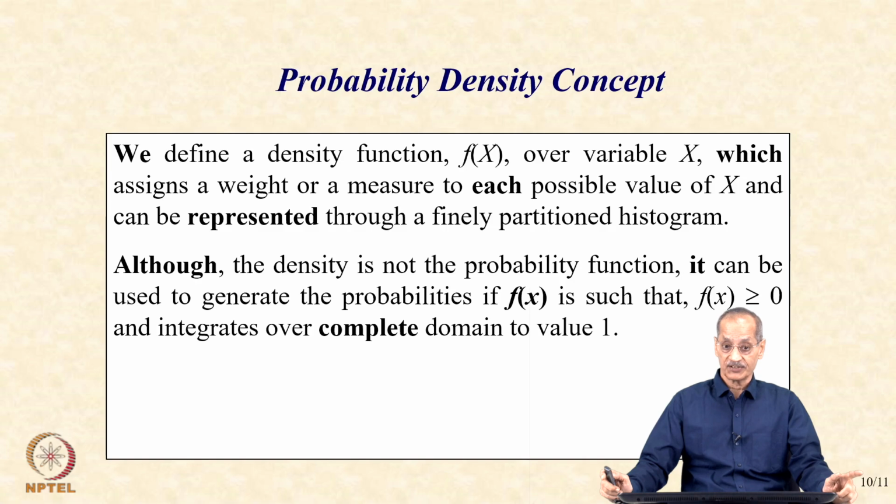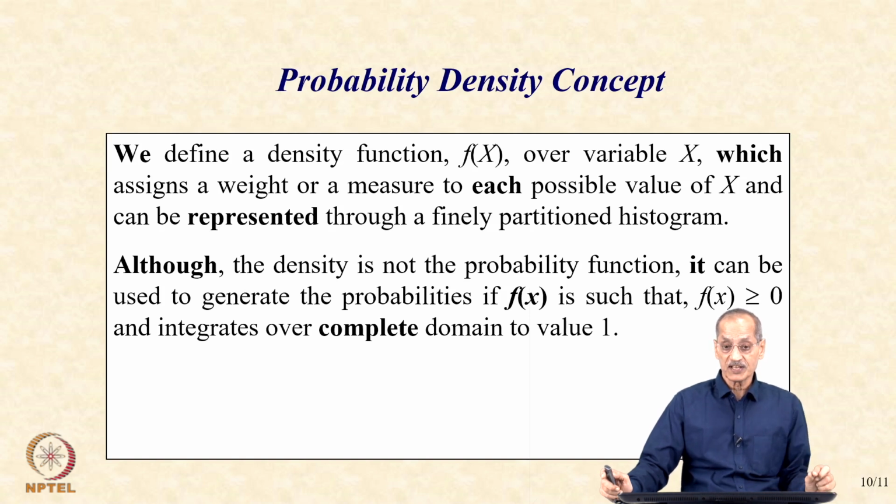if the function is such that, first of all, it is non-negative, which means it represents the concept of area that we have talked about as part of our probability calculus, number one. And number two, this function is such that over the complete domain over which it is defined, it integrates to 1, which means it also represents the universe.